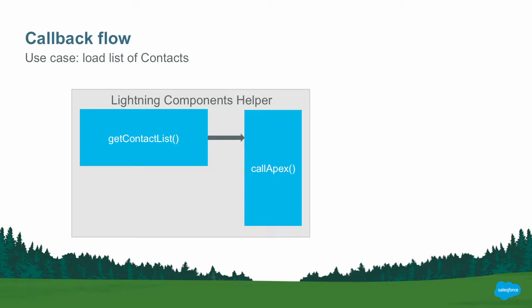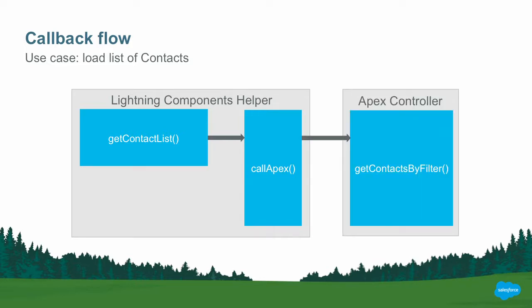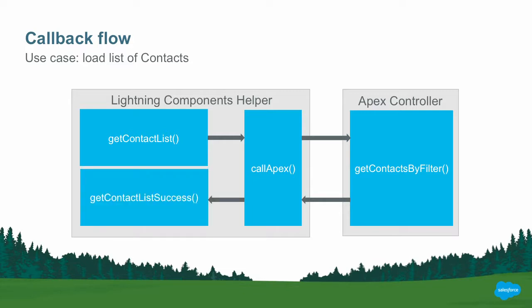So what I'm doing is I'm passing information to callApex, and the callApex method is doing the call out to the server. This is the normal way, so you have an OR action invoking an Apex controller. The method name here is getContactsByFilter, for instance. This OR action gets returned to the caller, so to my callApex, and now I need this data that comes back from the server, I need to process it in another helper function, and this is what I named getContactListSuccess.